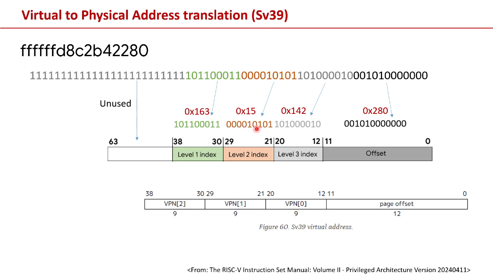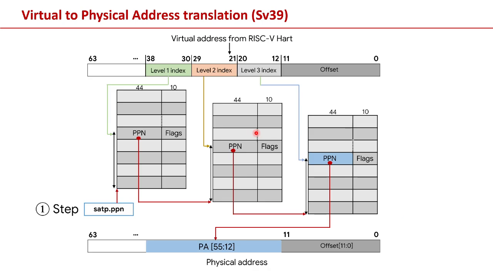This value comes from the binary value converted from this address, and it is used to calculate the address of the page table entry in the second level page table.